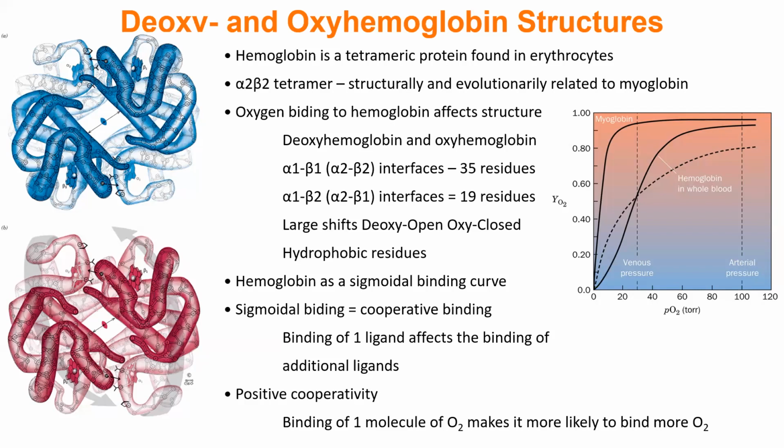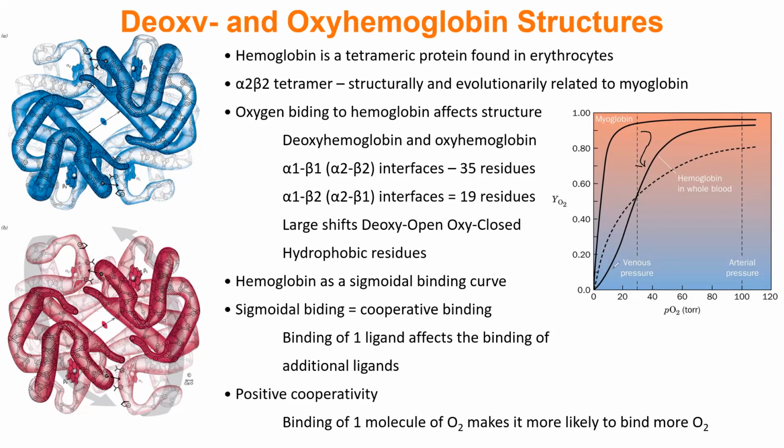Their binding affinity goes up. It makes them more likely to want to bind those oxygens. We can tell that on a graph of fractional saturation versus pressure by this sigmoidal curve, right there.